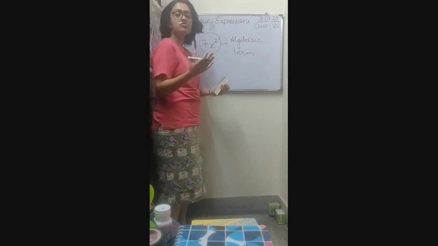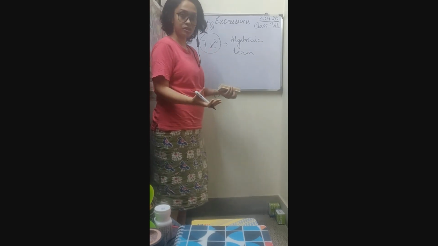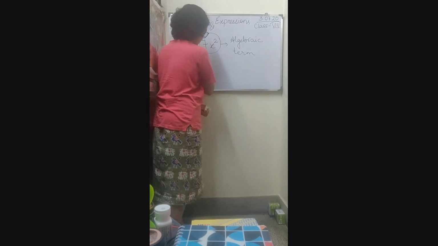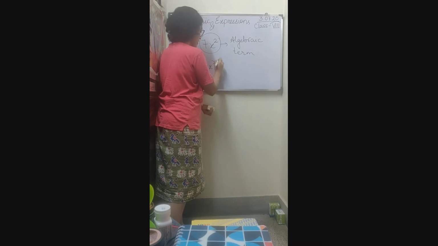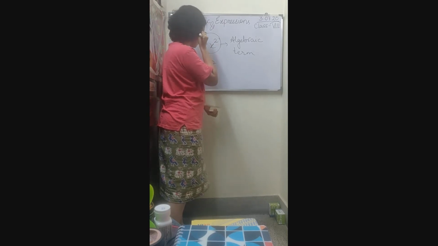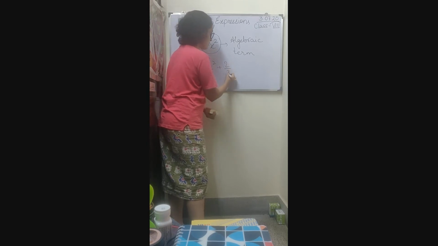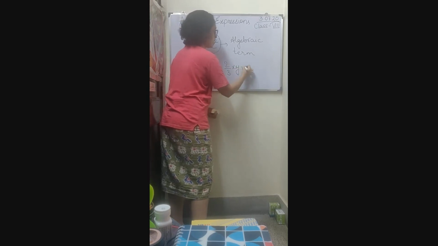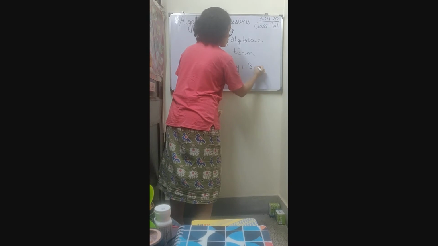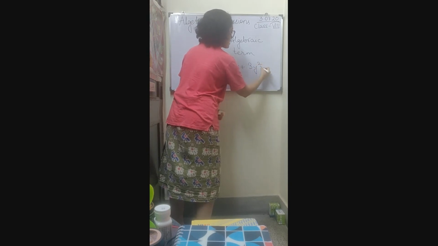Now suppose I have to write a long algebraic expression like 7x square plus 2 by 3xy plus 3y square x.